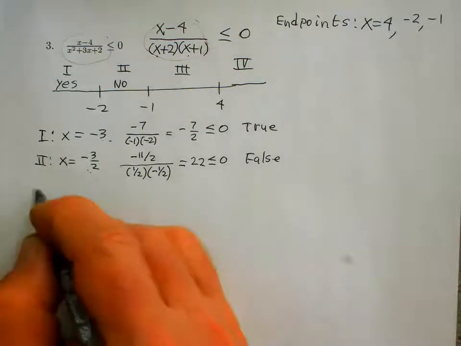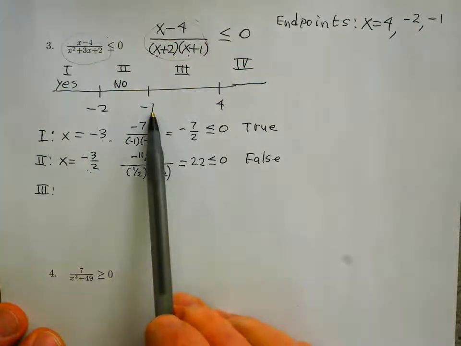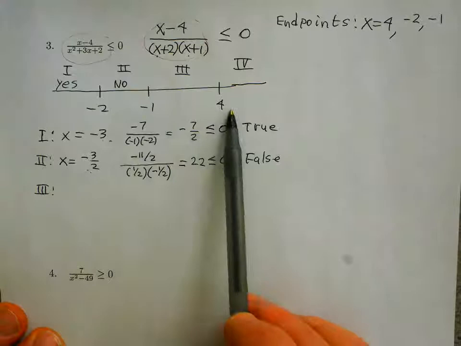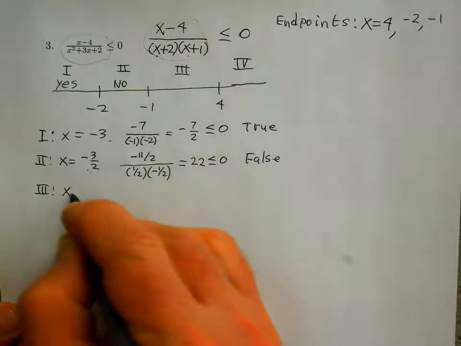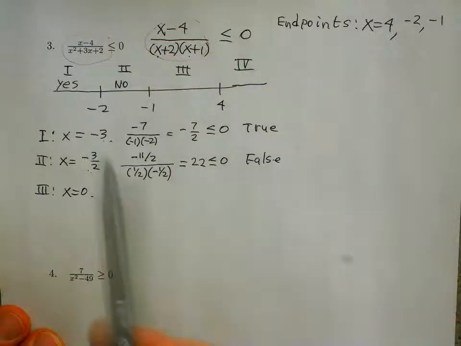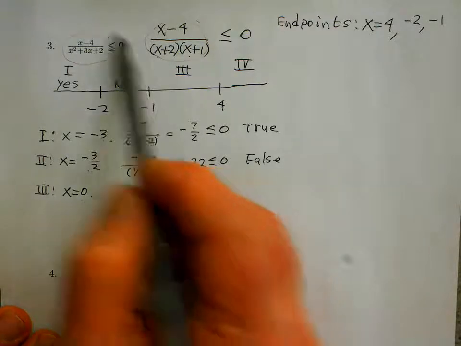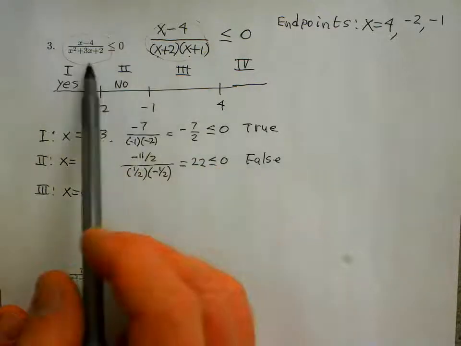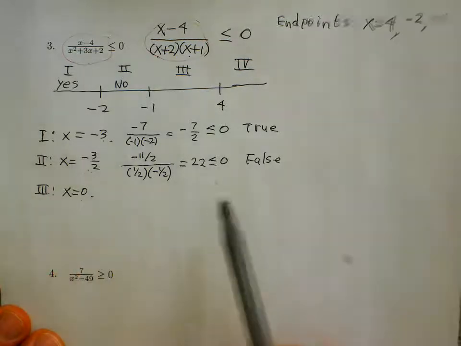In the third interval, pick a number between -1 and 4. 0 is in that interval, so I'll pick 0 as the test point. When picking 0, I'm going to use the original inequality that doesn't have a factored denominator.